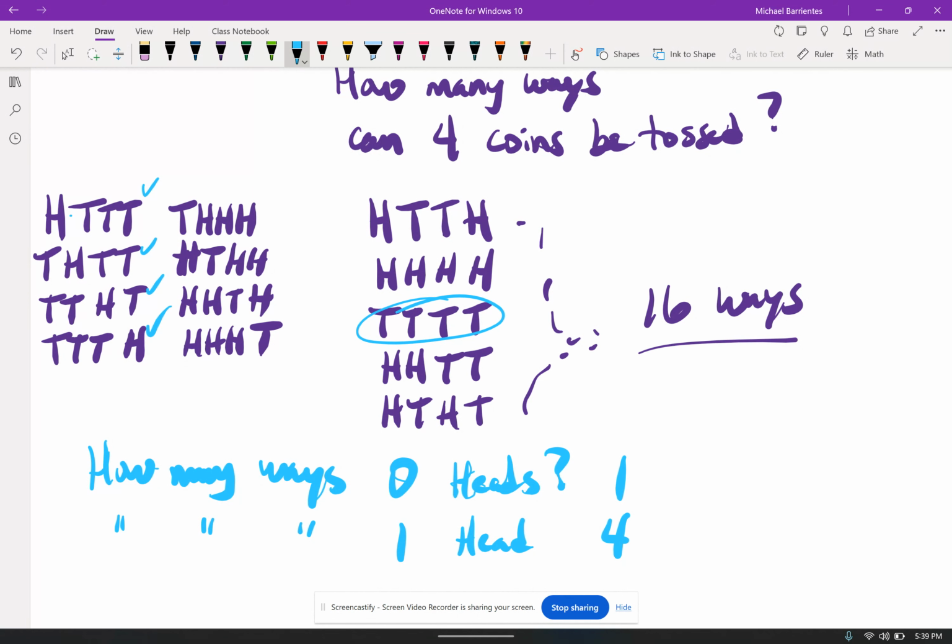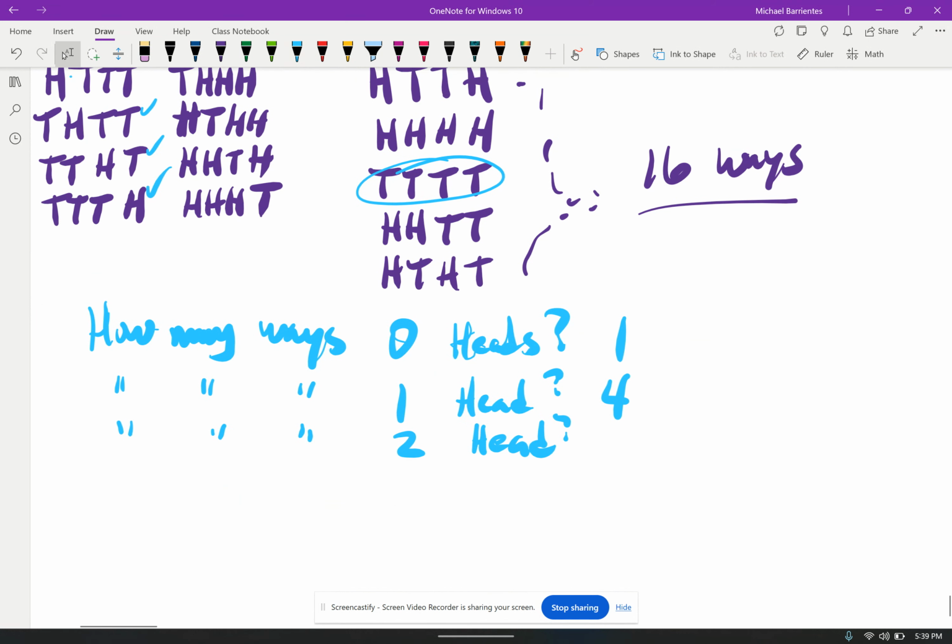So 4 different ways. And how many ways were there only 2 heads? Whoever was doing this task, this was a very straightforward task where you did the experiment and then you just ran the results. The experiment wasn't even an actual experiment because we were just writing down how many different possibilities. Once you wrote all 16 down, only one of them has 0 H's, and that's the one I circled.